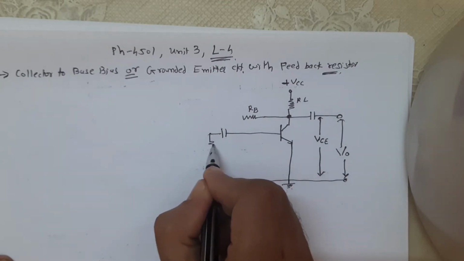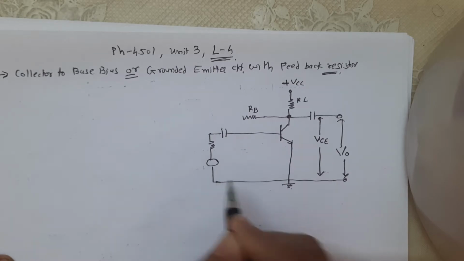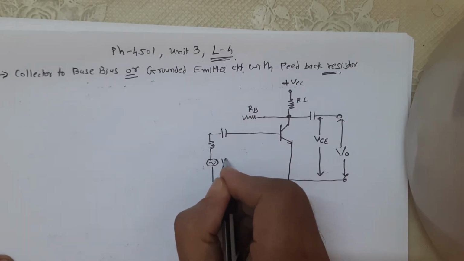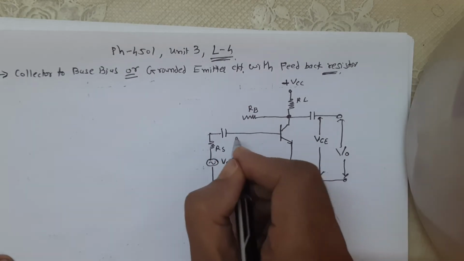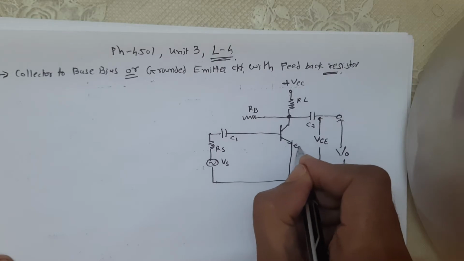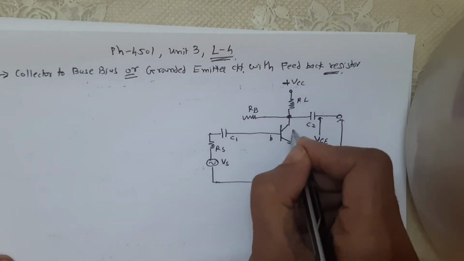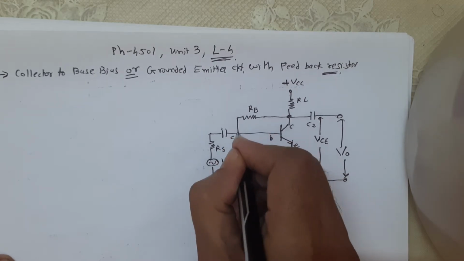This is your source resistance Rs, and this is your source voltage Vs. This is capacitor 1, this is capacitor 2. This is emitter, this is base, and this is collector.